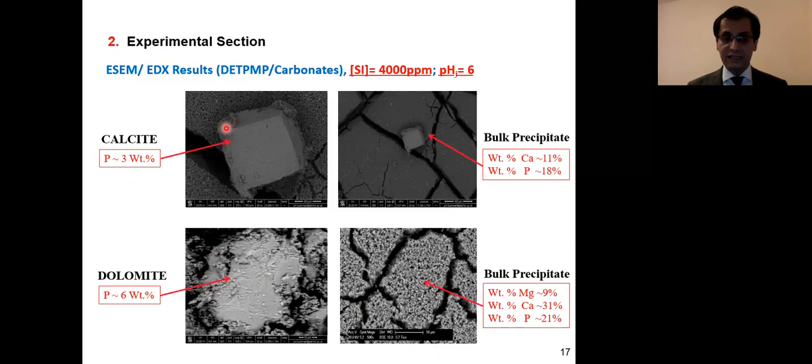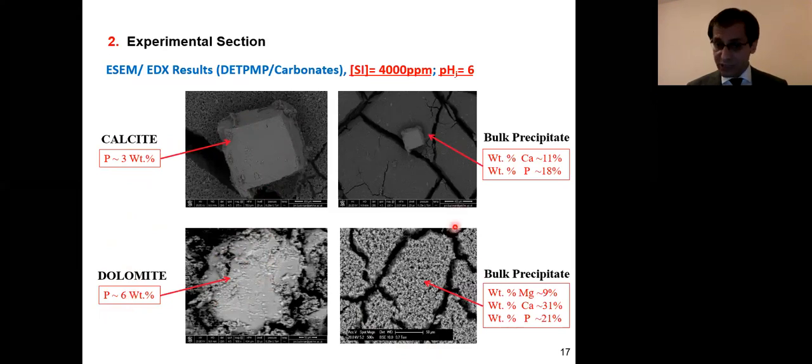As you can see, in calcite and dolomite we could detect some phosphorus around the grains, 3% and 6% for calcite and dolomite respectively.